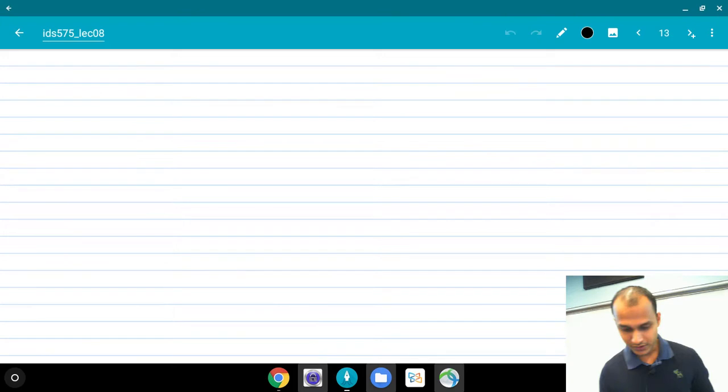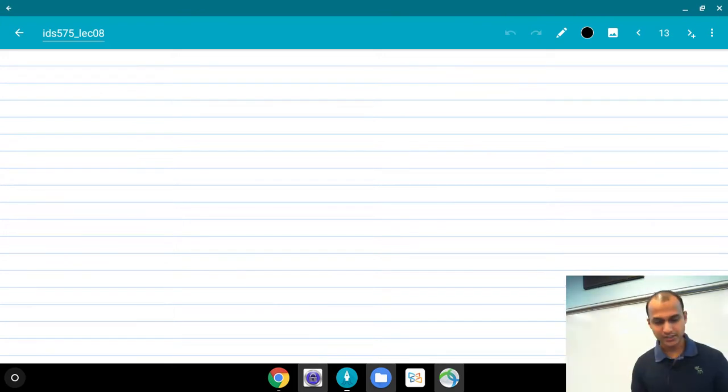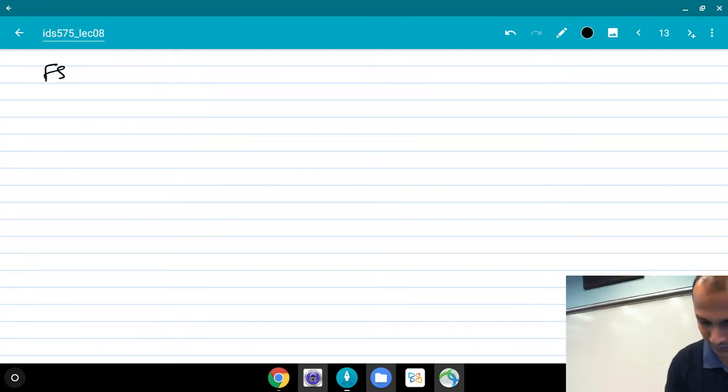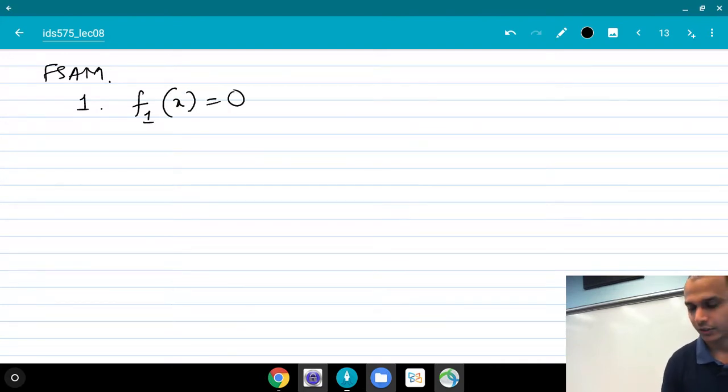So forward stage-wise additive models, what is it? It's basically the following. First step, initialize. Actually, the indexing is 0, but let's say f_1 of x is 0, so it's always predicting 0.